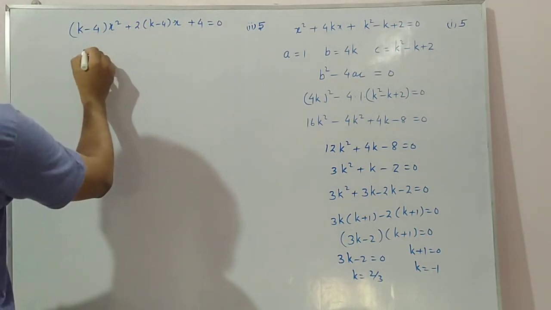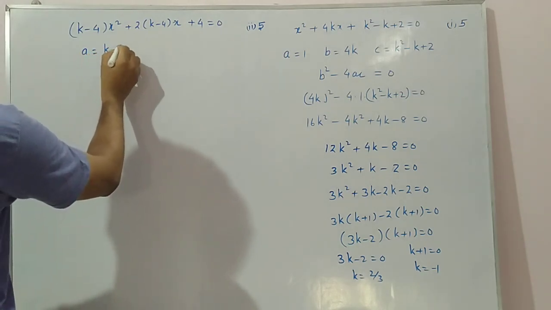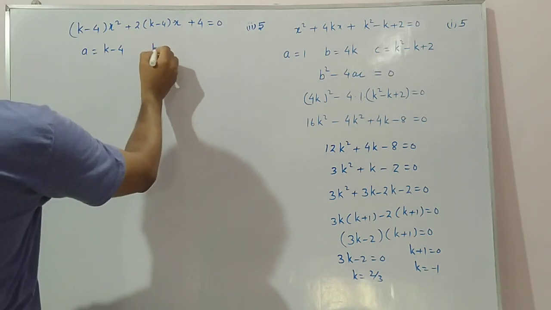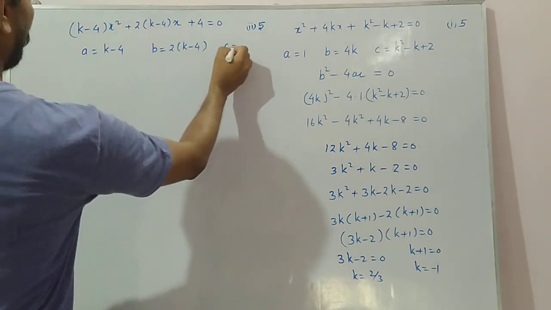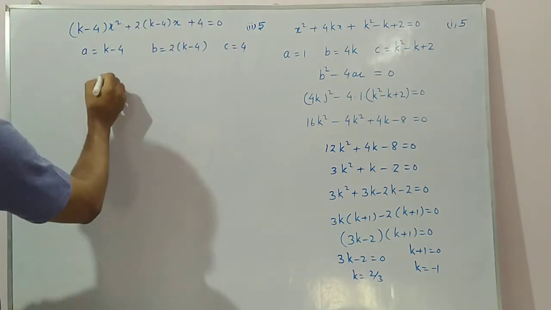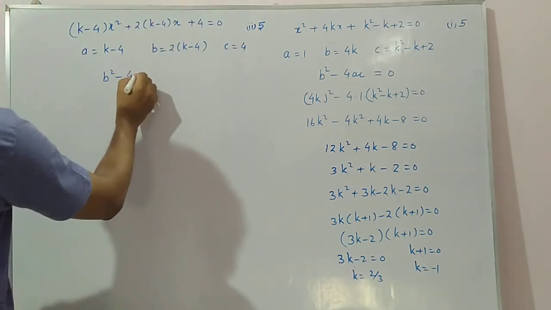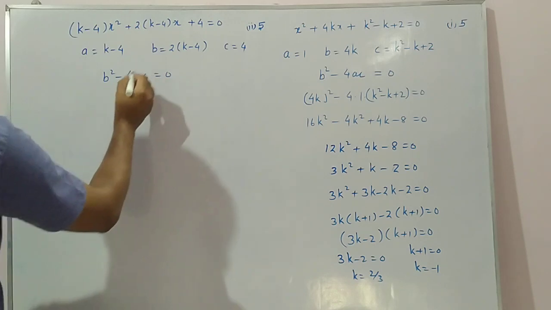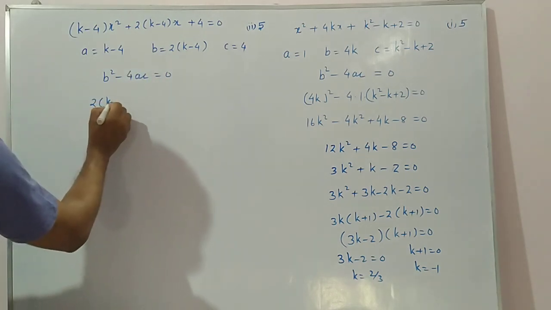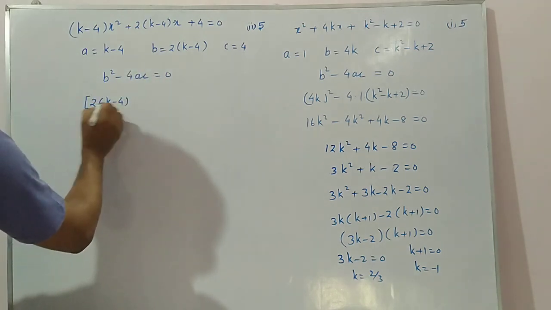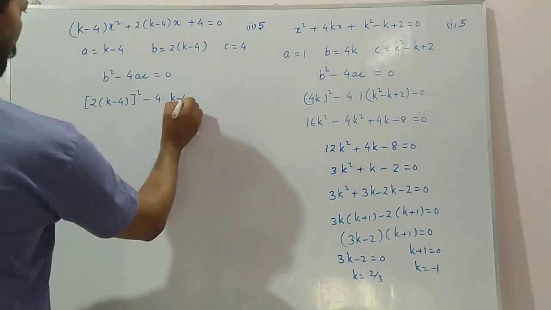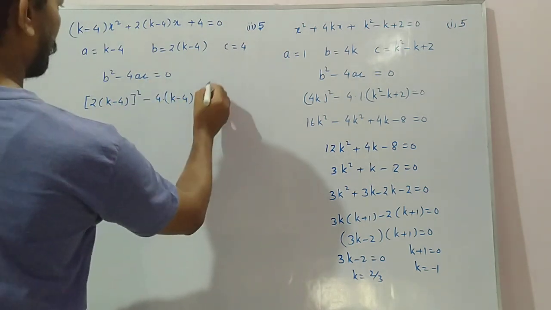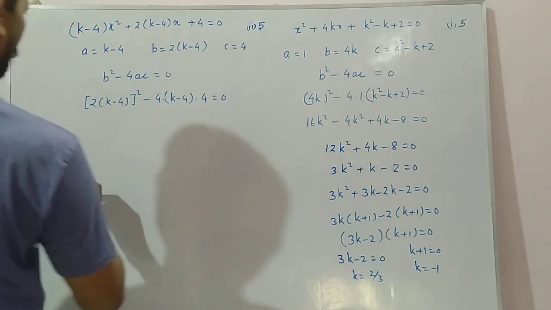So we can write a, that is k minus 4, b, that is 2 into k minus 4, c, that is 4. B square minus 4ac equal to 0. B square, that is 2 into k minus 4 the whole square, minus 4, a, that is k minus 4, into c, that is 4, equal to 0.